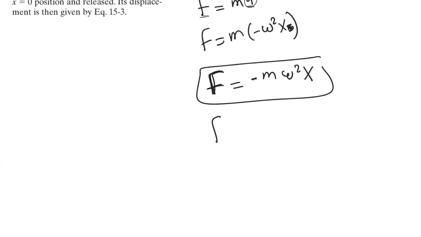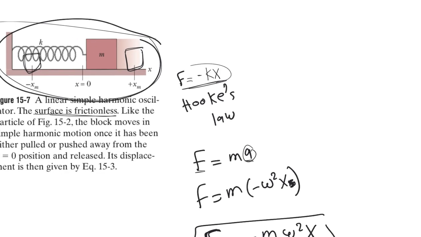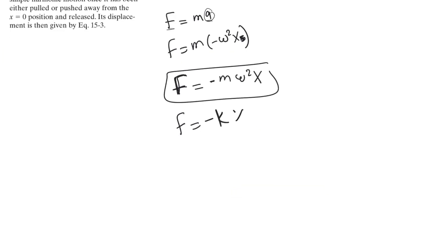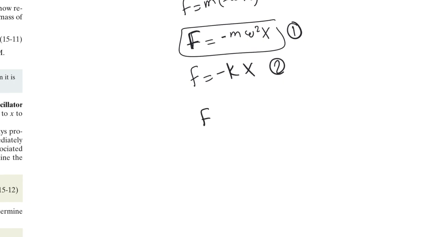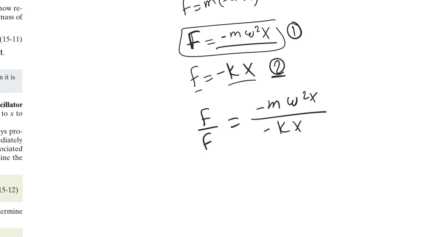And we know from physics 1 that in linear simple harmonic motion, the restoring force is also equal to minus kx. Now if I divide equation 1 by equation 2, F in equation 1 is minus m omega square x, and F in equation 2 is minus kx.